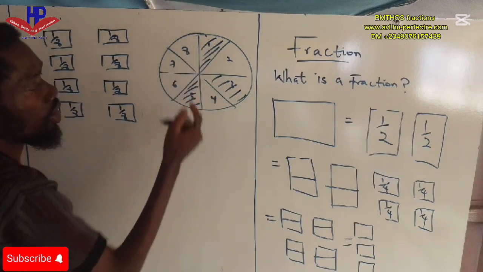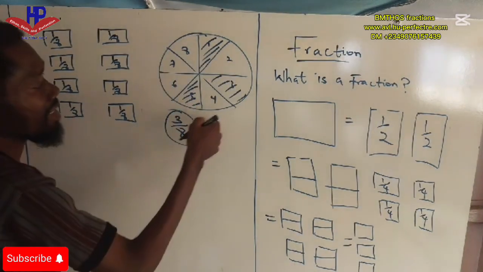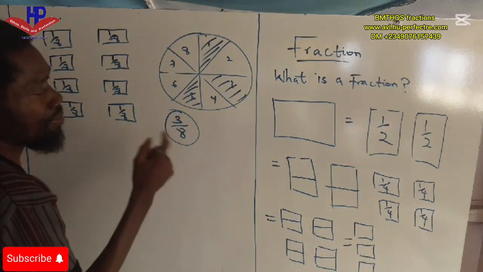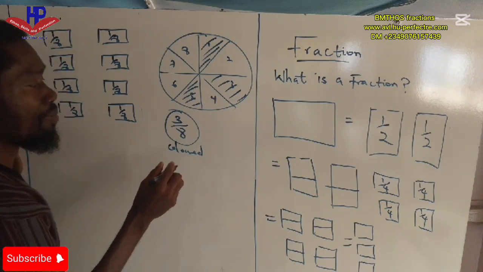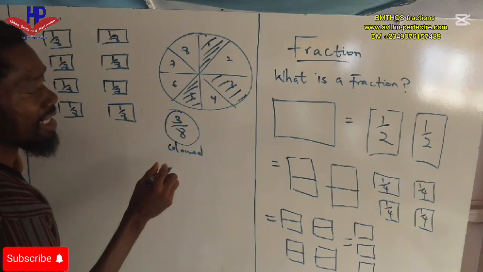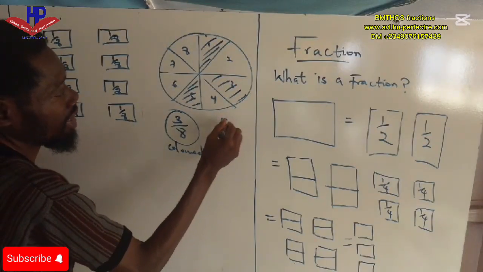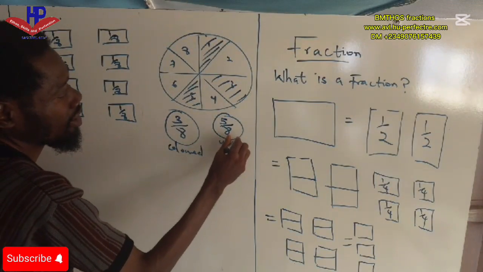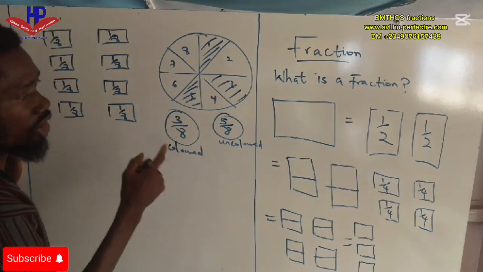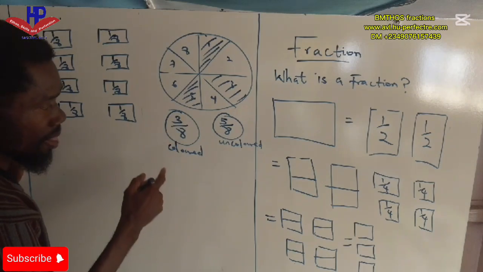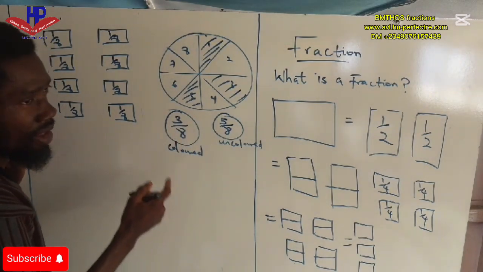There are 3 parts colored, so you have 3 over 8, because all the parts were 8 but 3 were colored. The parts that were not colored are 1, 2, 3, 4, 5. That will be 5 over 8. So the fraction of the uncolored part is 5 over 8, and the fraction of the colored part is 3 over 8.